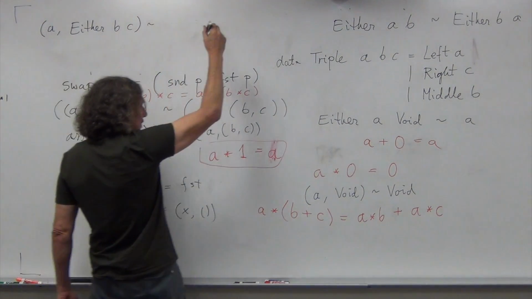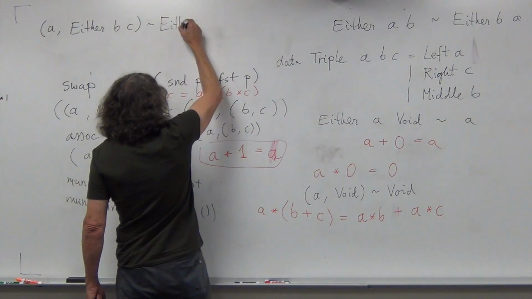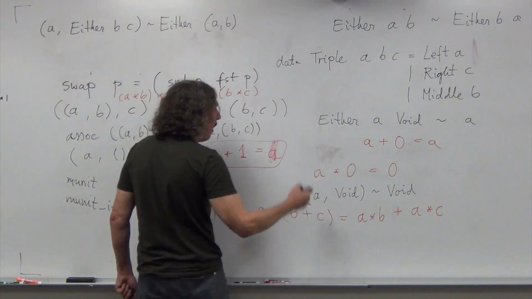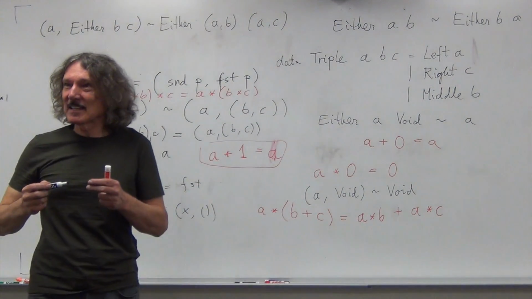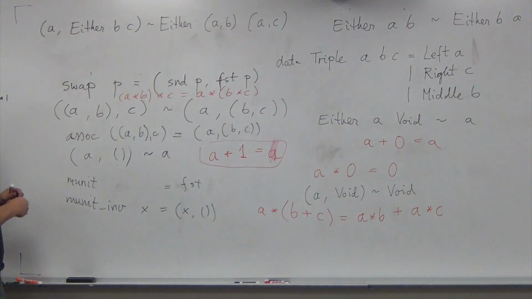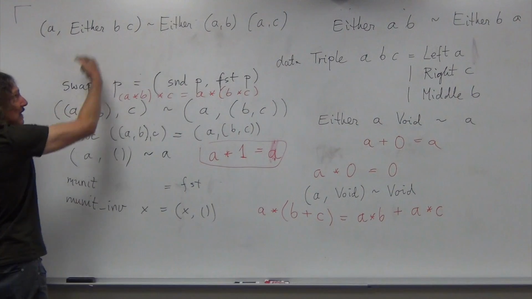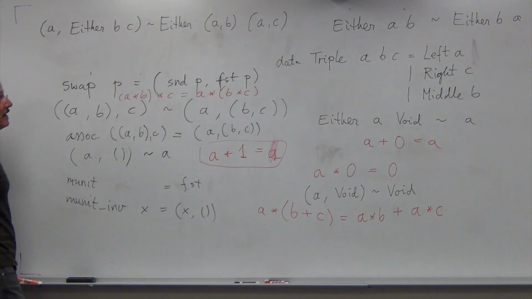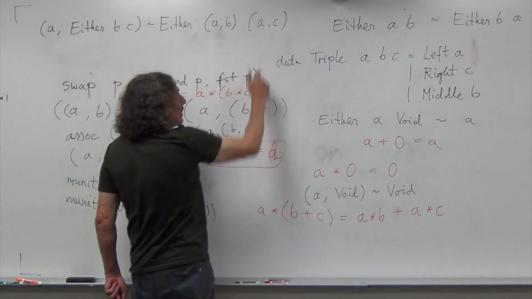And this is the same as the sum, either a pair of A and B or a pair of A and C. You see that it makes sense? So if I want to form this pair, I have to have A and one of these, either left B or right C. If I want to construct this, I either have a pair of AB or a pair of AC.